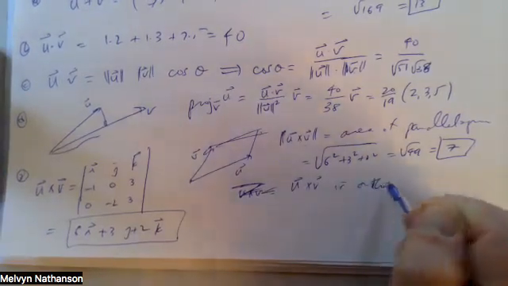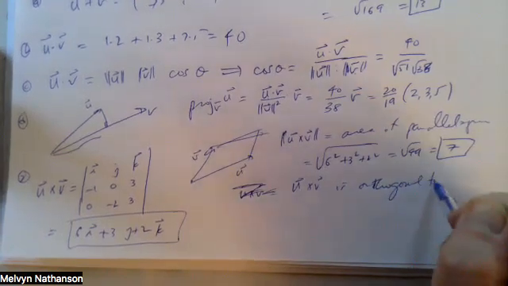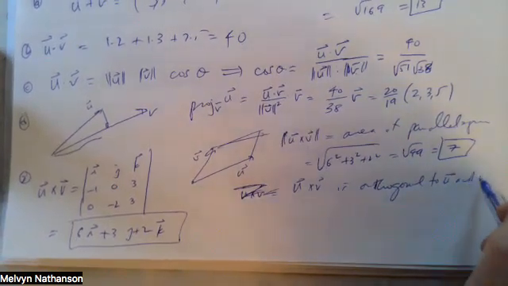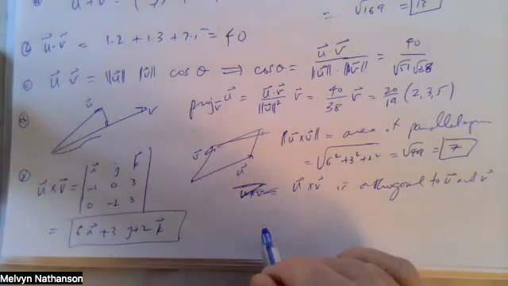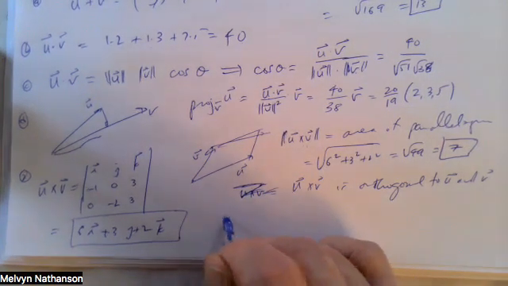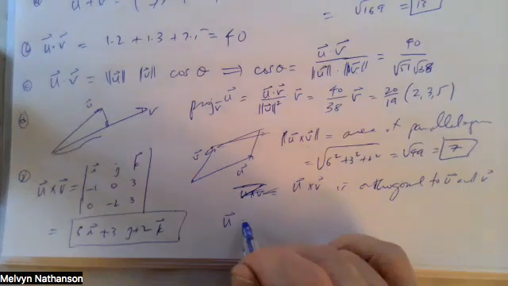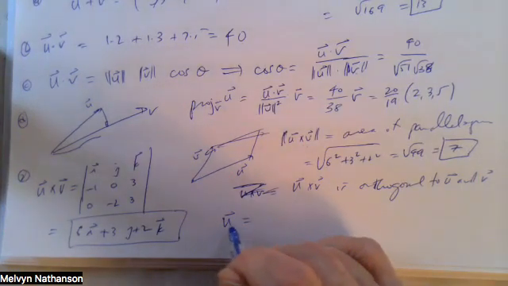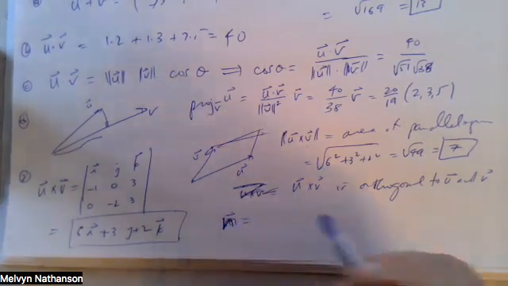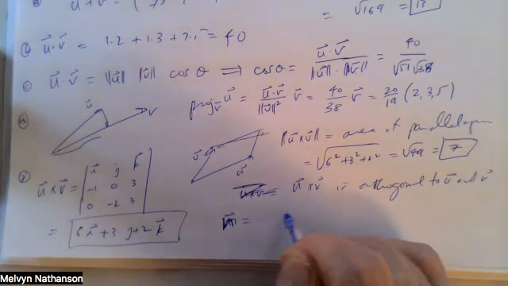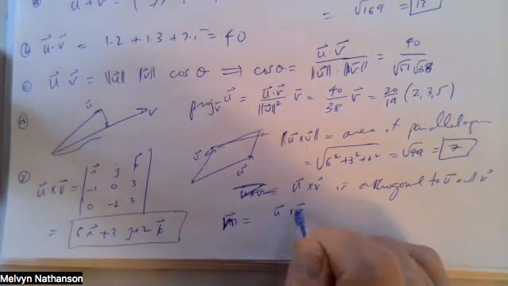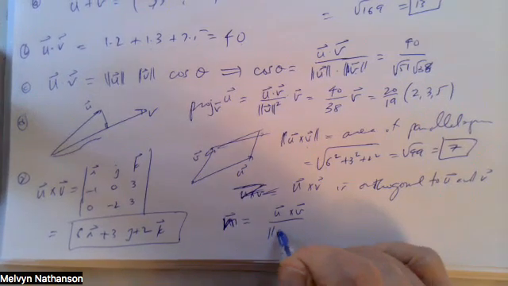And u cross v is orthogonal to both u and v. So a unit vector orthogonal to u and v, well, that's not called u, it's called n, let's say. It's this vector divided by its length.